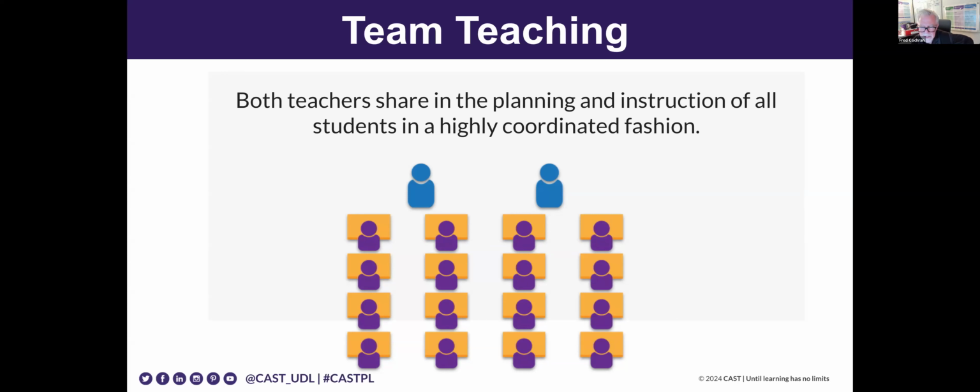Now, do they necessarily have to both be in front of the classroom, Nupur? Or could they be in different positions of the classroom and still team? Yeah, absolutely. Like this model, Fred, when I was doing some work with a school district, the first time I walked into the classroom, I truly could not tell which teacher was which, and the team teaching was going on.